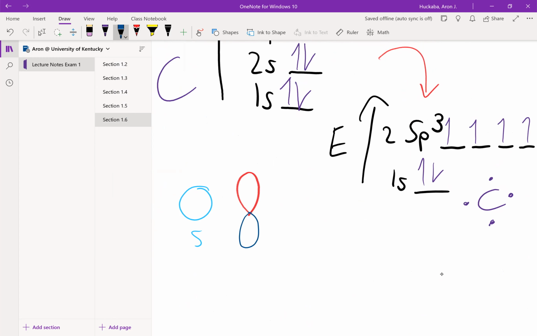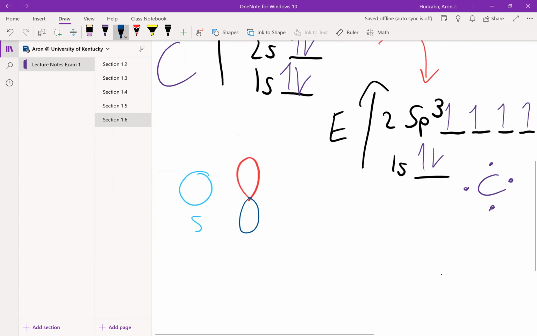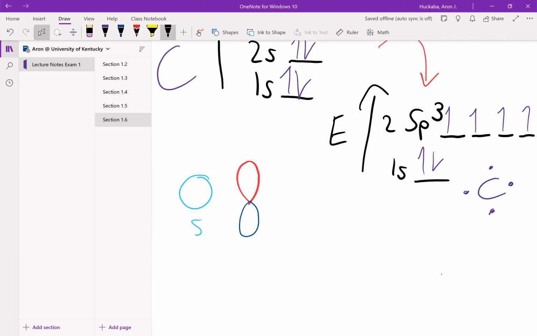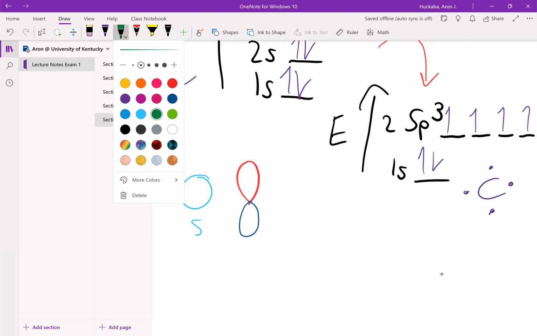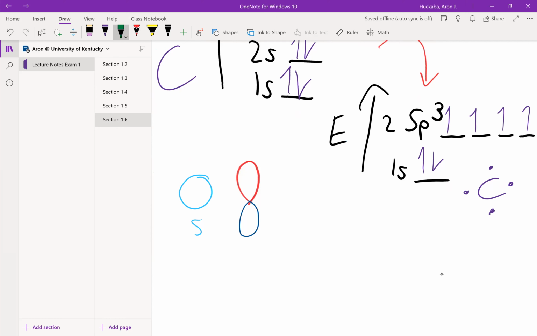So now if we are going to combine these two, let's say that we're going to combine them and we're going to make that into green. I'm going to overlay it with green here. There we go. Okay, so now we have this s orbital overlaid onto the p orbital, right?